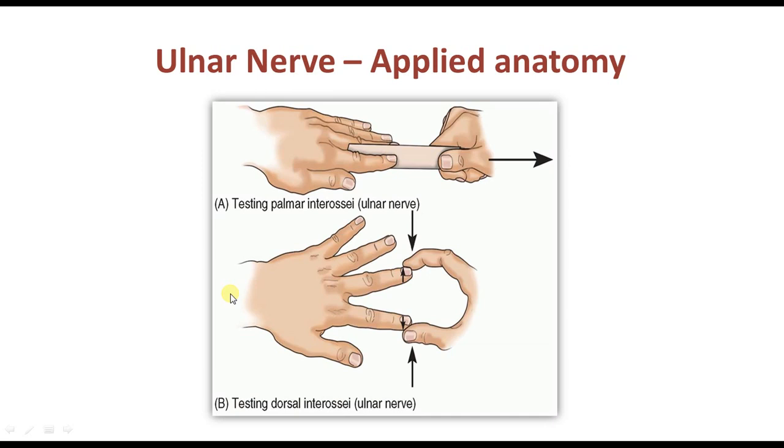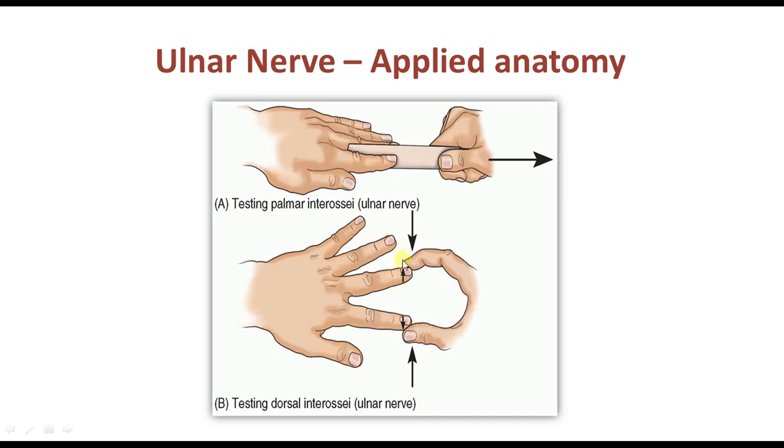So coming to the applied anatomy, we have already seen the testing for the palmar interosseae, the card test we call it. So the person who is performing the test helps to pull, but you have to hold the sheet of paper or card against resistance to test the integrity of the adductors, palmar interosseae. This is Egawa's test.